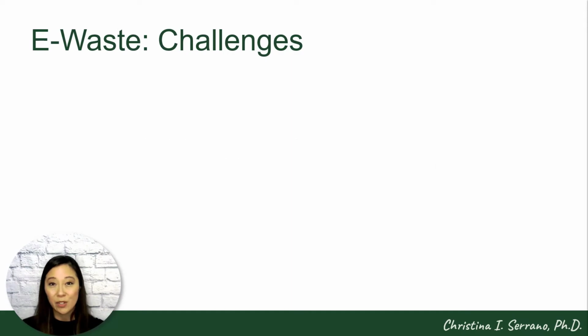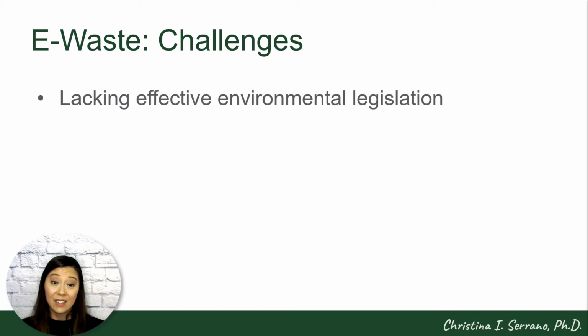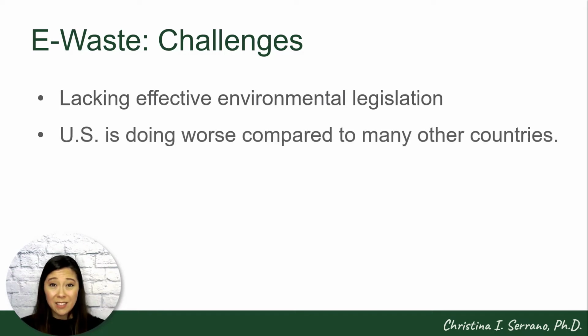So why haven't we figured this out yet? One problem is lack of effective environmental legislation. As of 2020, around 70 different countries have enacted some sort of e-waste legislation. But in the United States, there is no federal e-waste legislation because this is all handled at the state level, and not all states have actually adopted any sort of e-waste legislation.